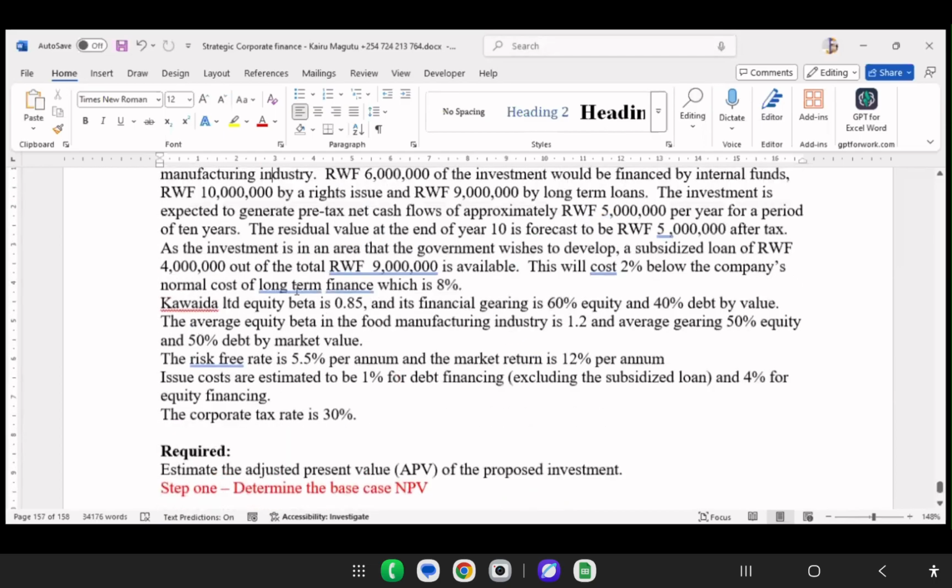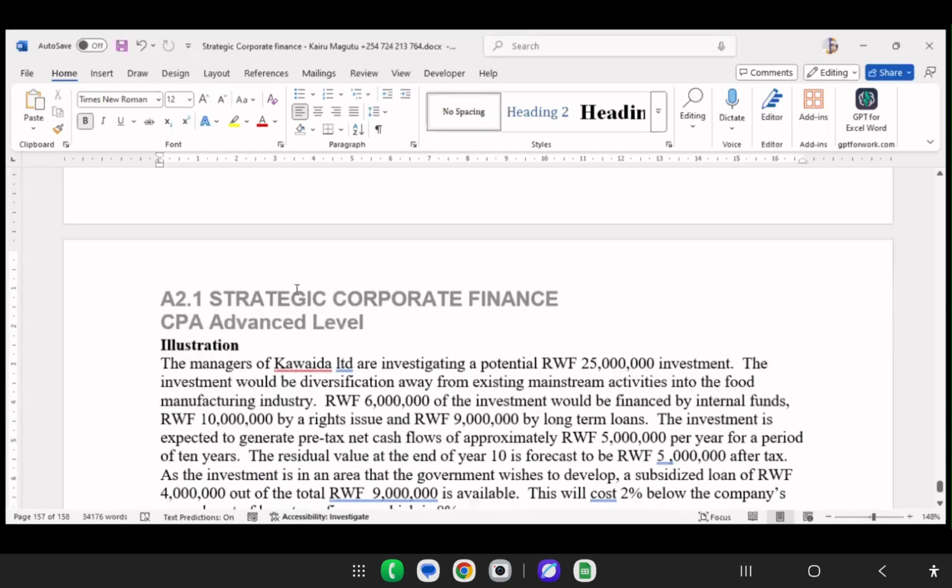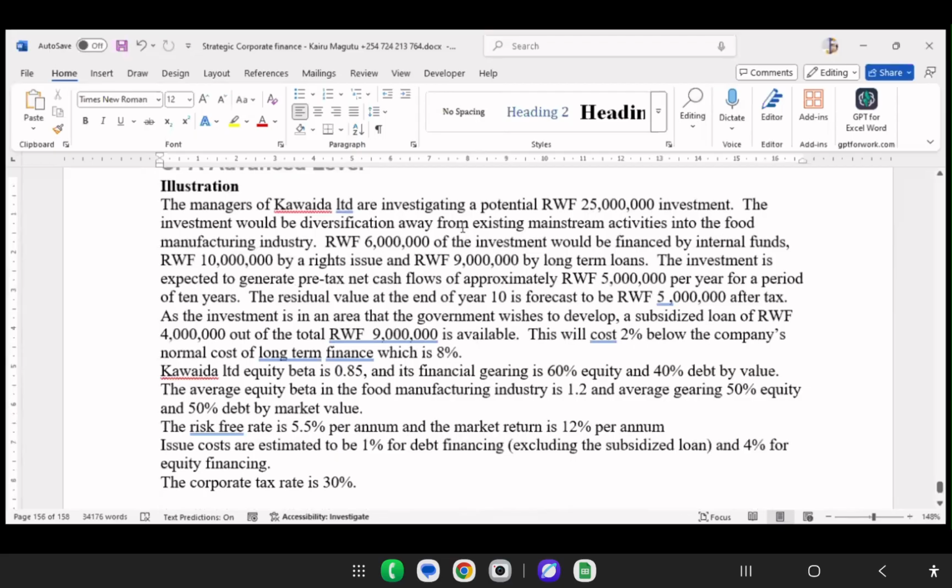We are told that the investment would be diversification away from existing mainstream activity into the food manufacturing industry. 6 million of the investment would be financed by the internal fund, that is retained earnings, 10 million by rights issue and 9 million by long-term loan.